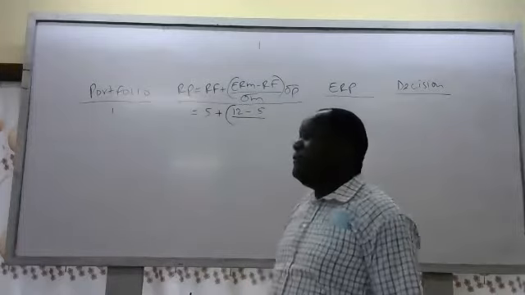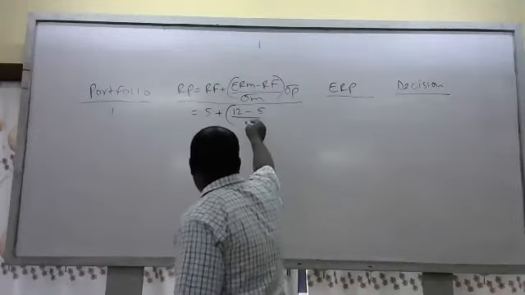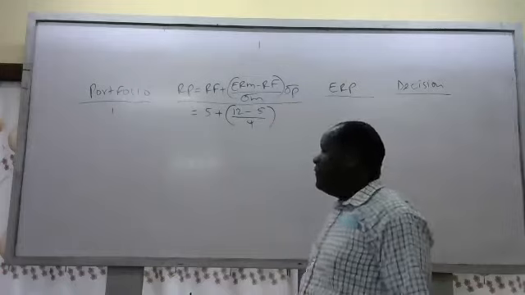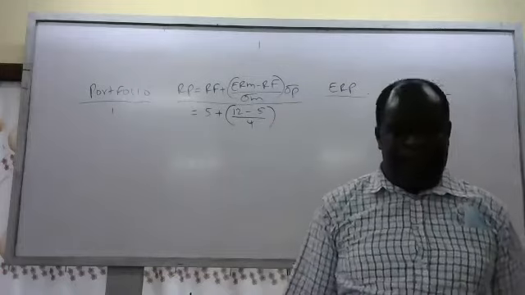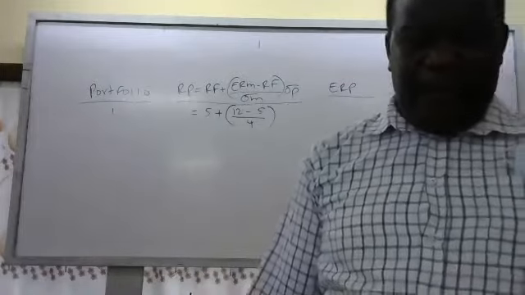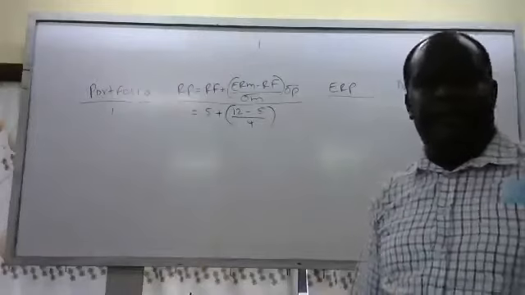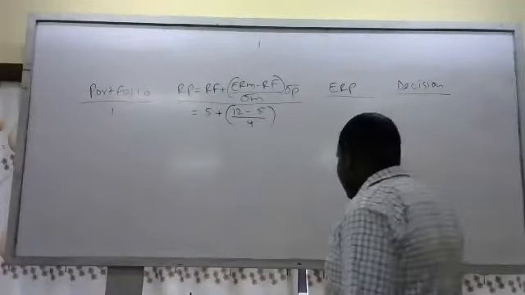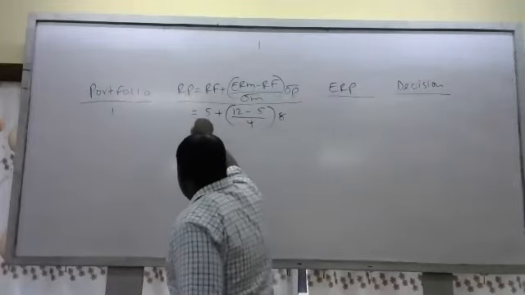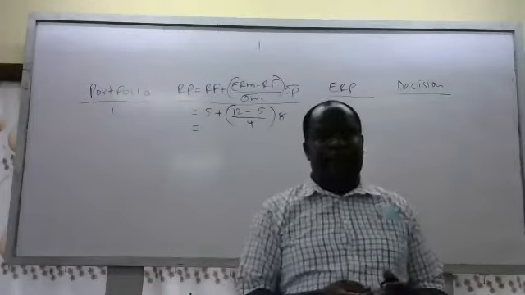The standard deviation for the market is 4%. The standard deviation for portfolio 1 is given as 8. So now we compute that.